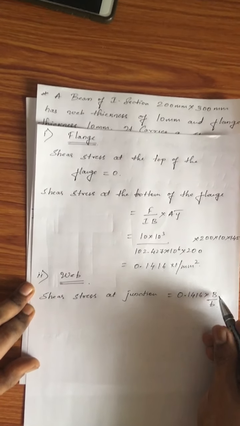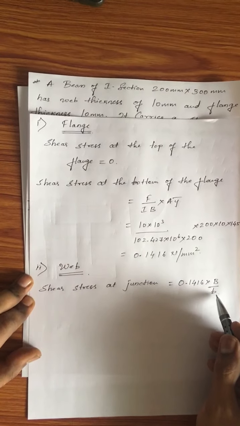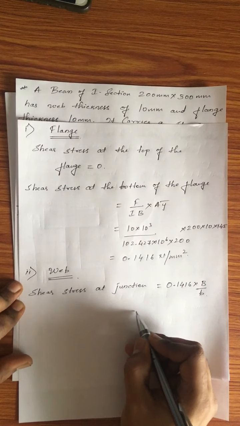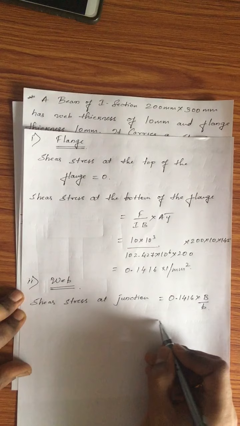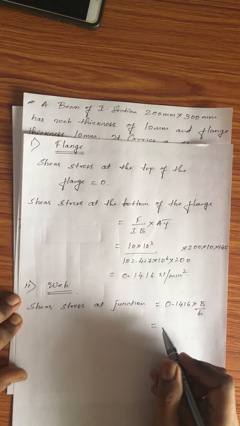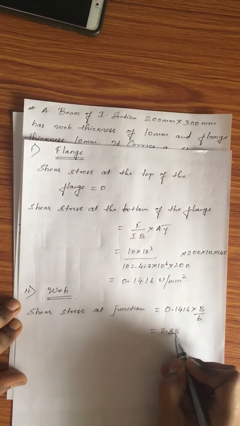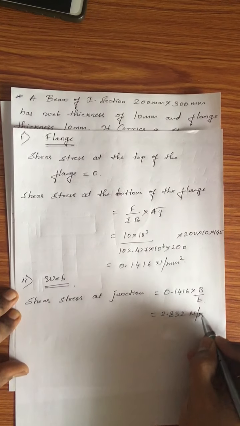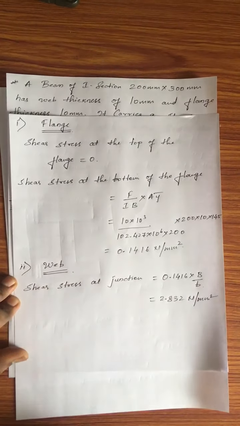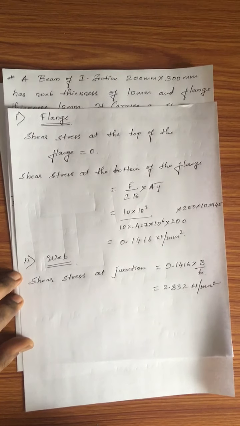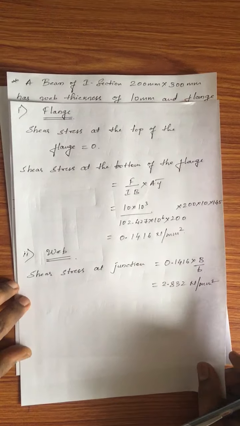Here capital B is the width of the flange, whereas small b is the width of the web. So if I substitute these values, I will get the shear stress at the junction as 2.832 Newton per mm square, okay.